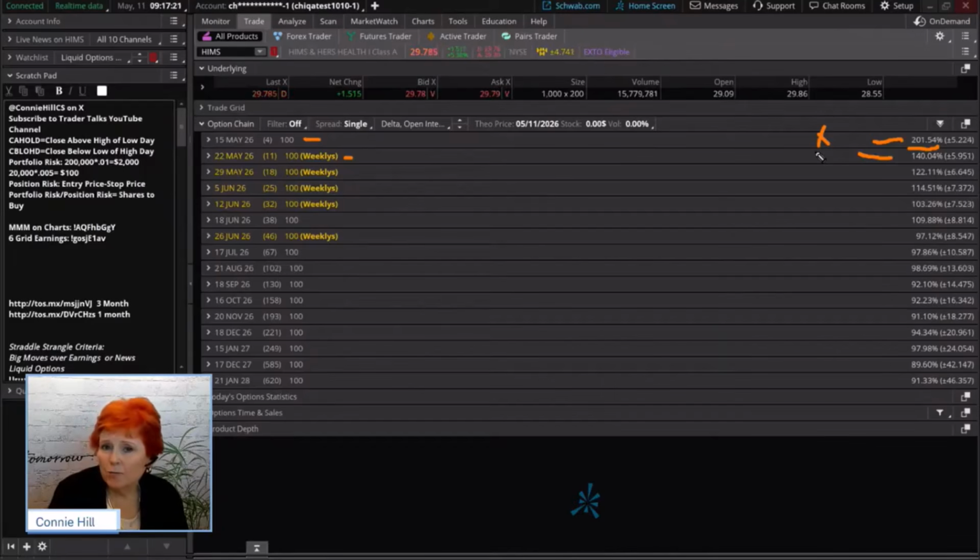And so we want to make sure we are expecting a big move if options are going to be that expensive. Now you can see as we go out further in time that implied volatility drops a little bit. But it's still, I'm going to say, the 90s and high 90s are still pretty volatile options where there's a lot of expectation of movement that's being priced into these.